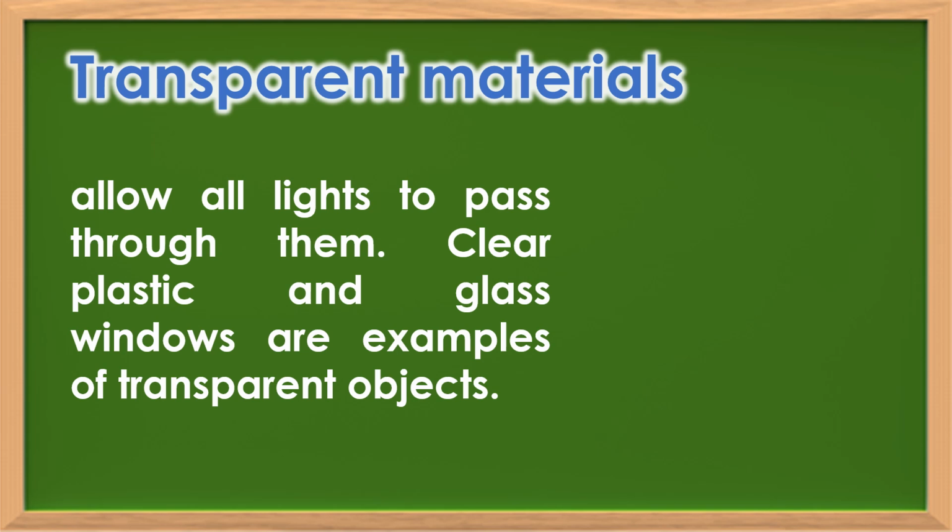Transparent materials allow all lights to pass through them. Clear plastic and glass windows are examples of transparent objects.